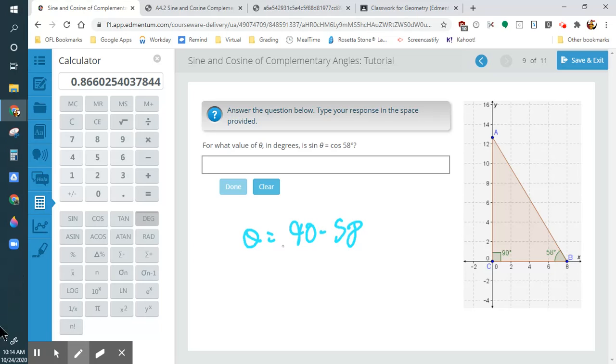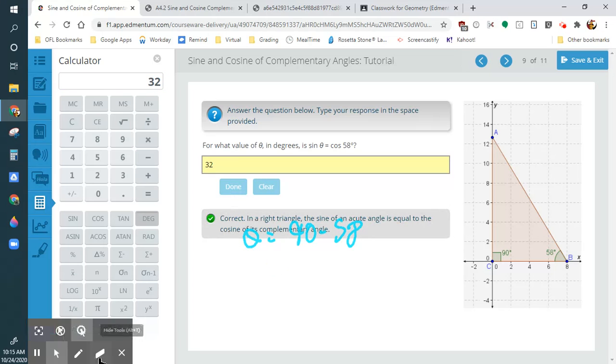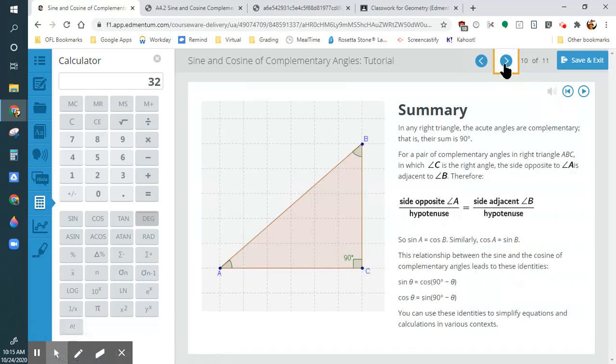It's the only way to do this. And luckily I didn't minimize my calculator here, so I can just use this to help me out. 32. So I'm going to do 32 right here. Click done. And I got that correct. So that's what it means by sine and cosine are complements of each other.